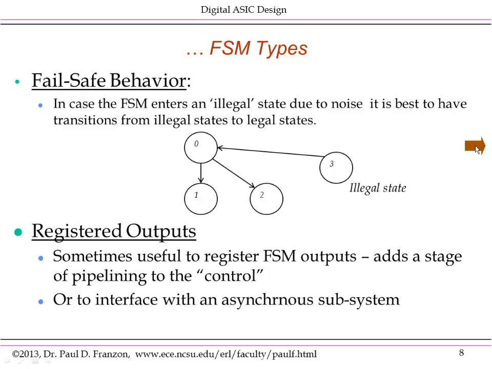Here, because I use minimal encoding for this 4-state state machine, it is actually possible to accidentally end up in state 3, that is encoded as 1-1, because of, say, a noise event. Notice there's no arrow going to state 3. That's how I know it's an illegal state. However, if I'm in state 3, I want to get back to a known state sequence. So here I show it going back to state 0.